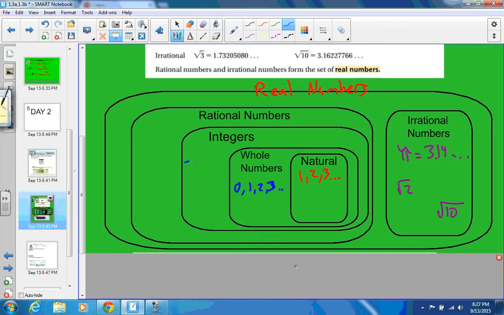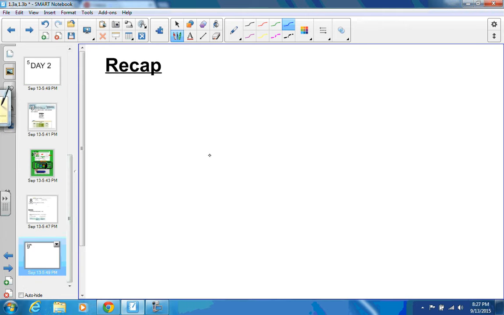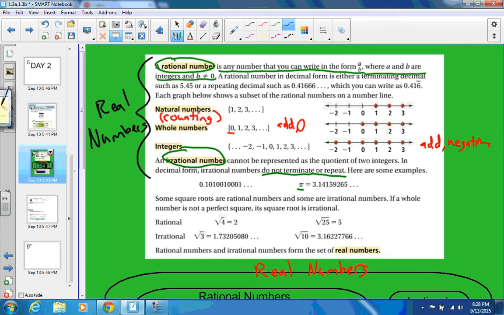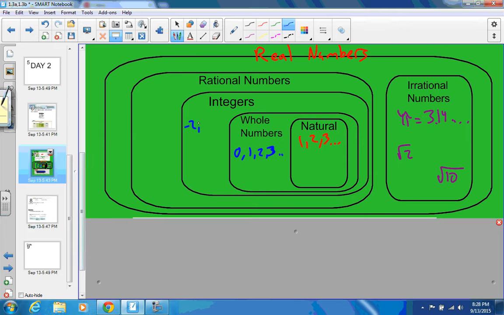So we have -2, -1, 0, 1, 2, and so on. So integers include whole numbers, natural numbers, and negatives are added to it. Rational numbers are all of those.